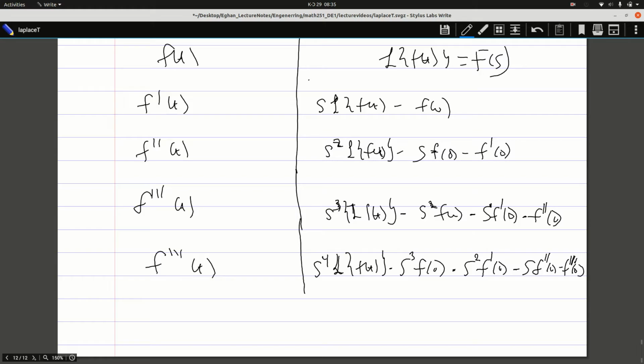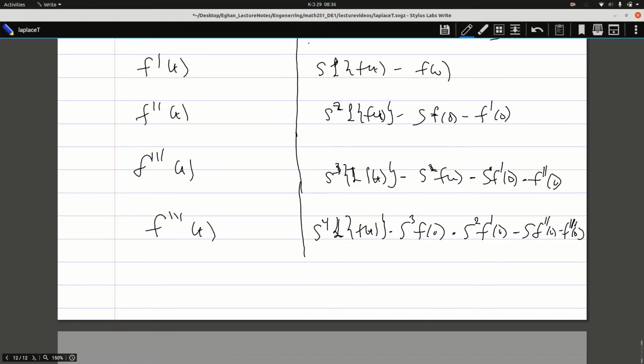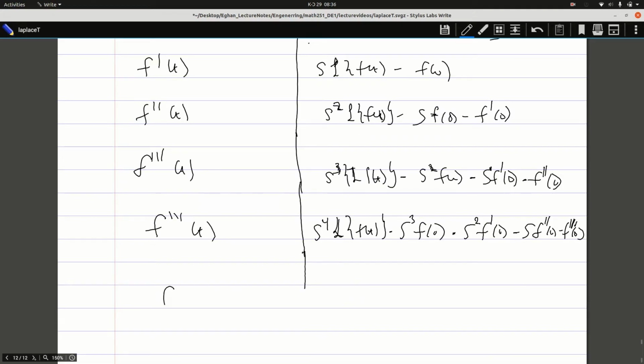So you realize that if I have an nth derivative, I have it as s to the n, and then you know that everywhere I have Laplace of f of t, it is equal to big F of s. So I want to do the replacement. So I have s to the n F of s minus, you realize that with n the index is reducing.